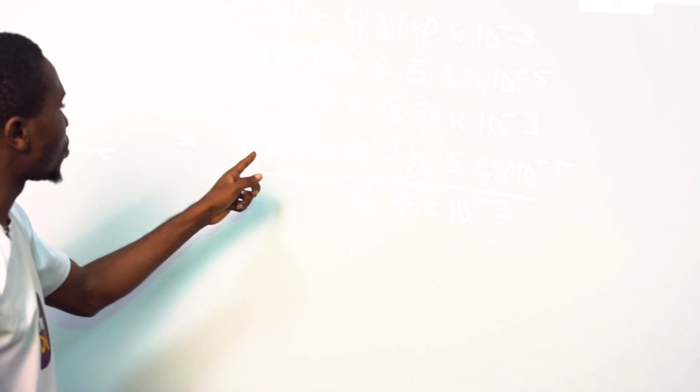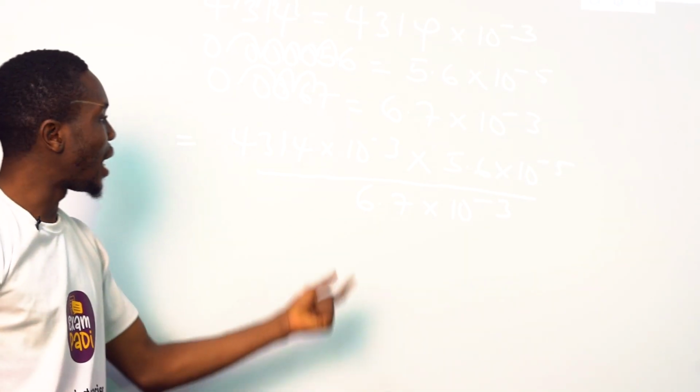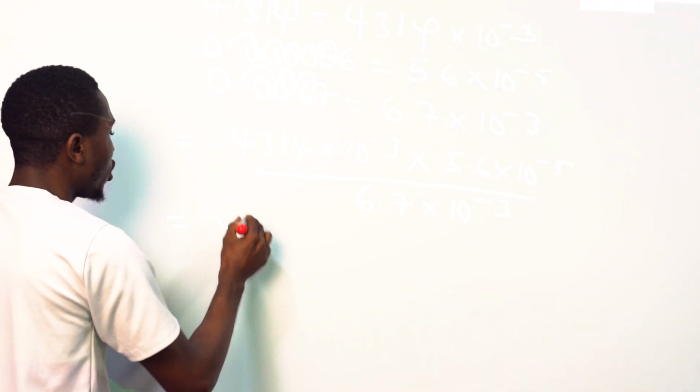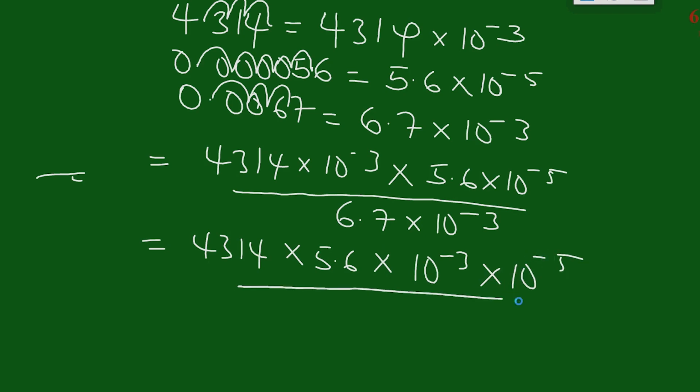Now we have to multiply 4314 by 5.6 and then divide it by 6.7. So we have 4314 times 5.6 times 10 raised to the power of minus 3 times 10 raised to the power of minus 5 over 6.7 times 10 raised to the power of minus 3.